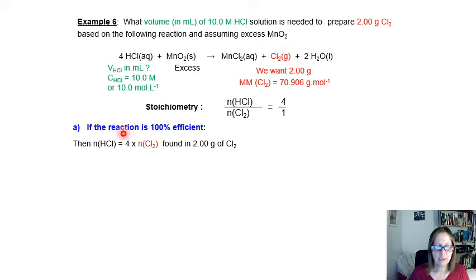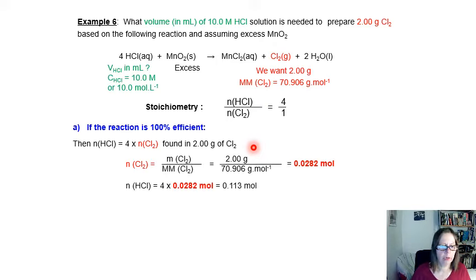If the reaction is 100% efficient, how much HCl do we need? Then the number of moles of HCl is 4 times the number of moles of chlorine that we need, which is found in 2 grams of chlorine.